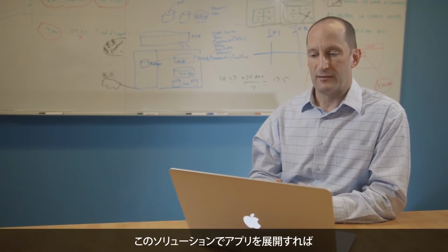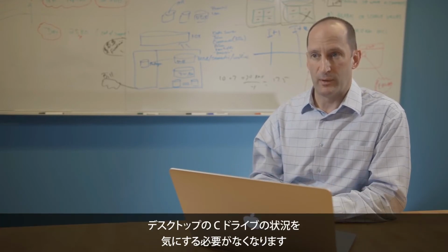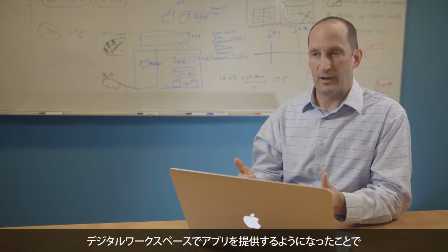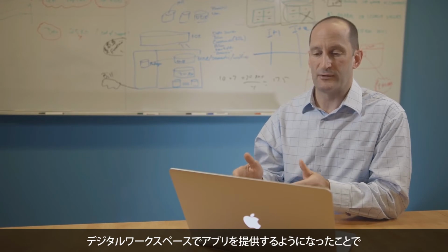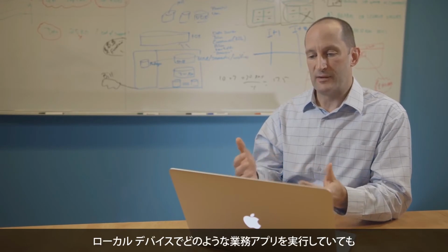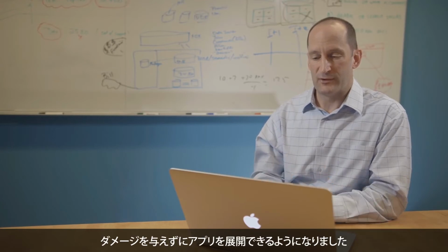So that fragile landscape of your desktop C drive is not a problem for us anymore as we deploy more applications through this solution. That will allow us now, as we change the way we deliver applications, to use the virtual workplace.